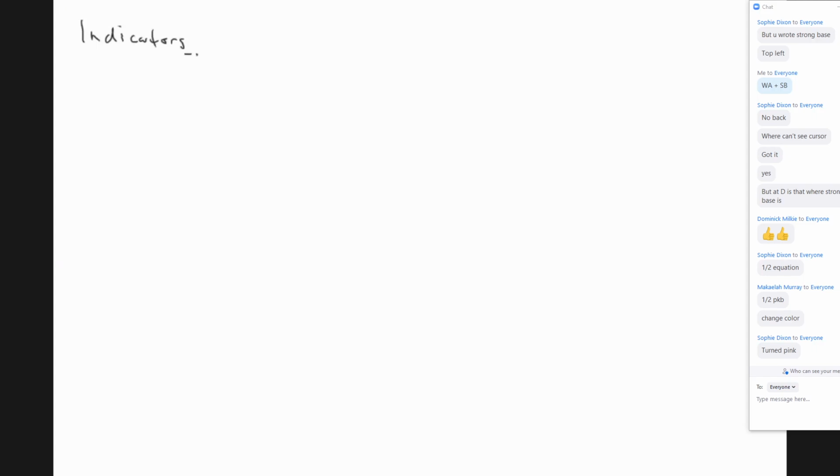Cool part about indicators. So indicators are used to find the endpoint of titration, right? So what an indicator is, it's a weak acid. Indicators are weak acids.